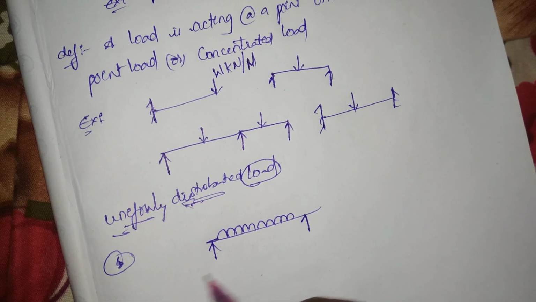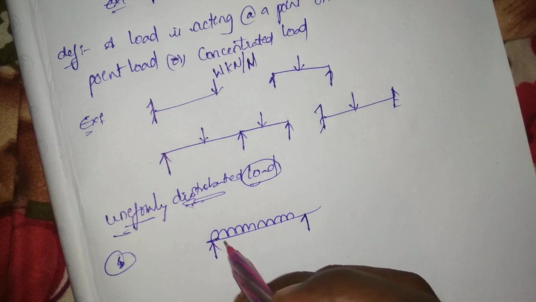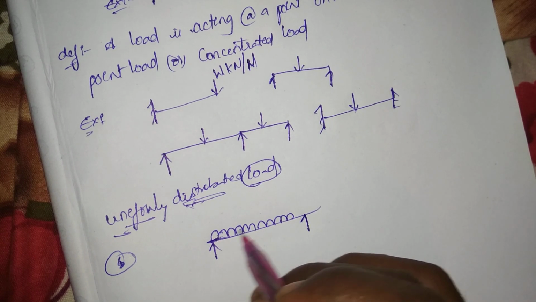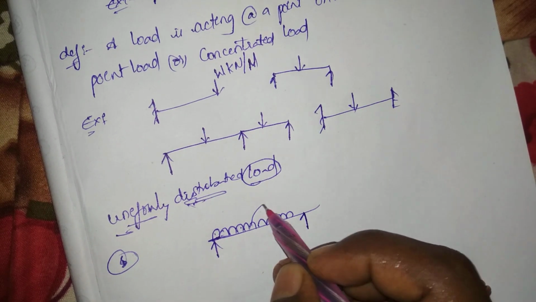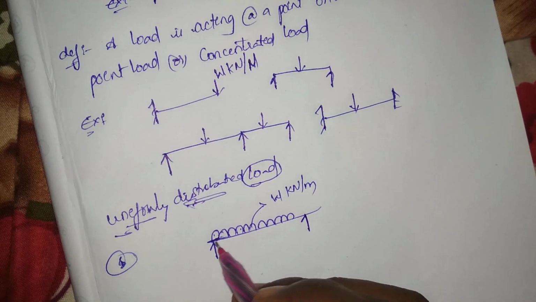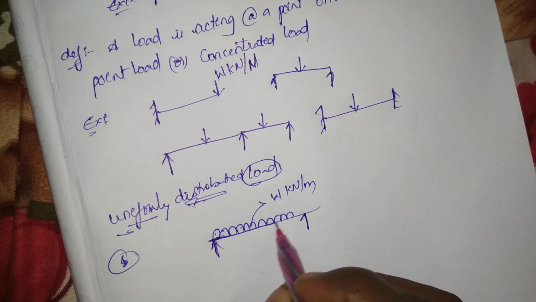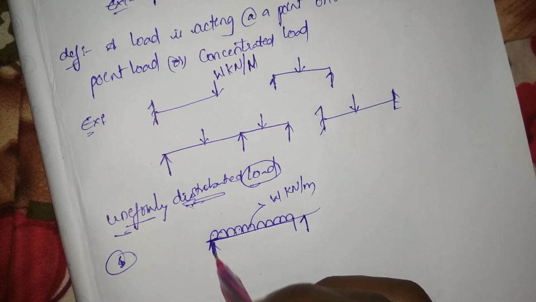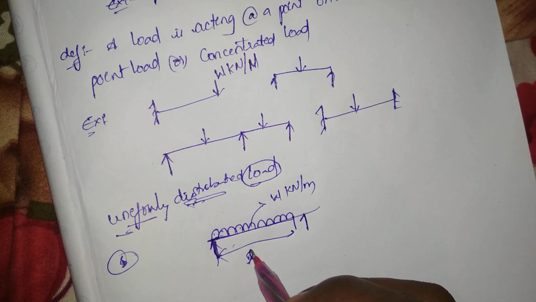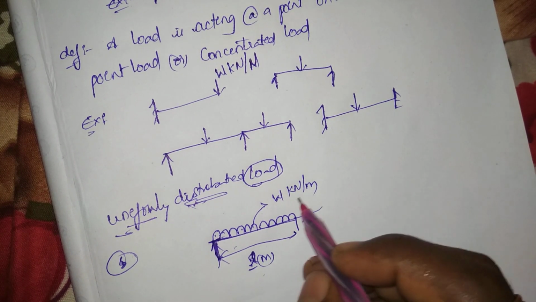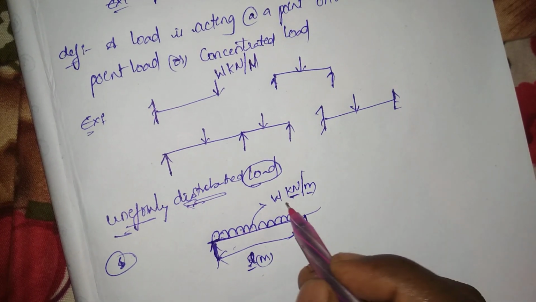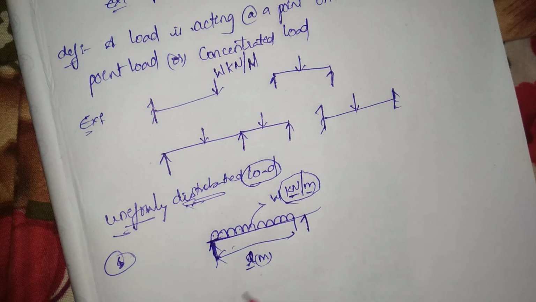The load is uniformly distributed throughout, and its unit is W kilonewton per meter. It's distributed over the span, that is L. L is in meters, so the kilonewtons are distributed per meter. That is defined as the units for this. Okay.